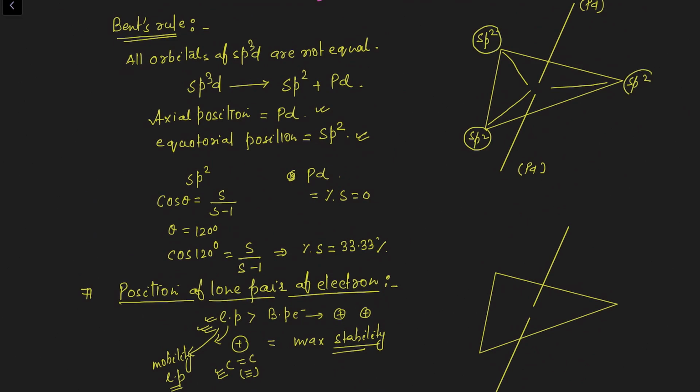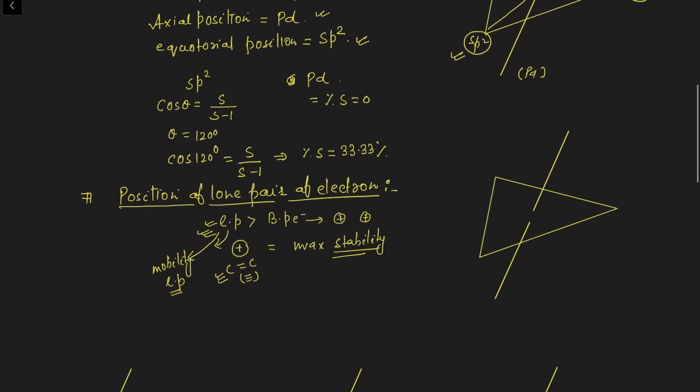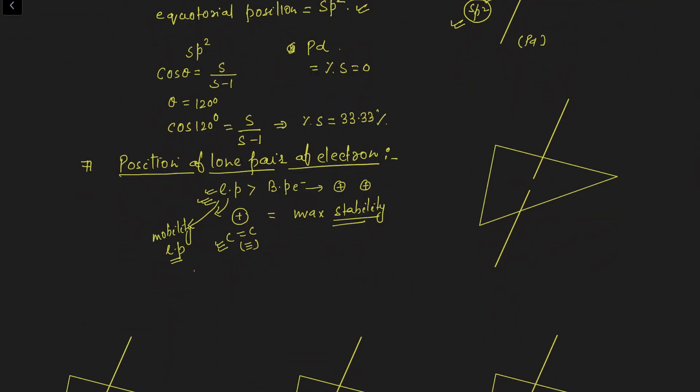So the meaning is that if you place the lone pair of electrons near such an orbital, automatically what will happen? The mobility of the lone pair will cease and the molecule will get extra stability. So now it is fixed where you will put the lone pair of electrons. The conclusion is that whenever you have a lone pair of electrons or multiple bond, the most preferable position is the equatorial position.